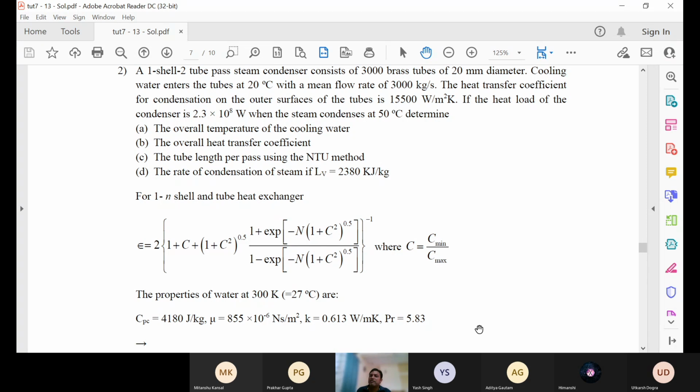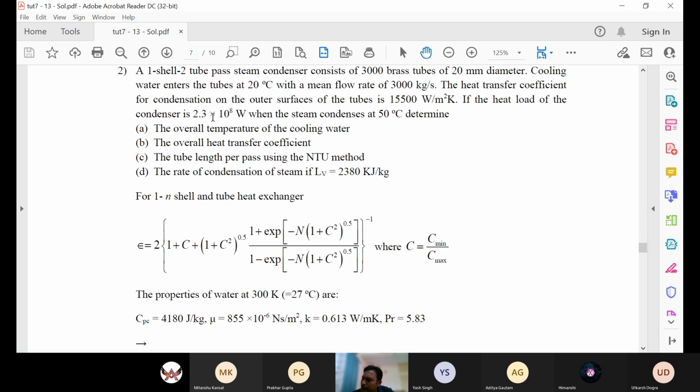Okay. Now the first part in this question is the overall temperature of the cooling water. Now we have to calculate the overall temperature of the cooling water. So see here, the cooling water is flowing through the tube, so we can make the energy balance. So m_c C_pc delta T will be given as this Q value.